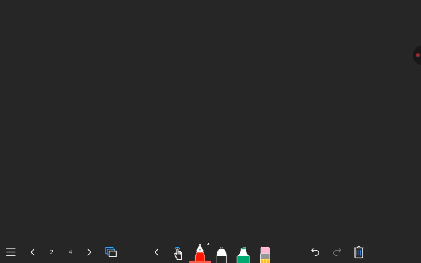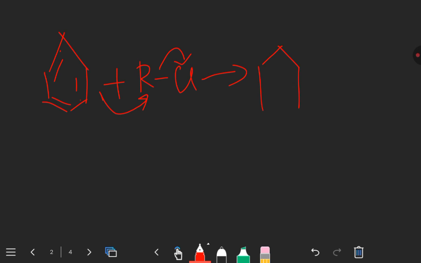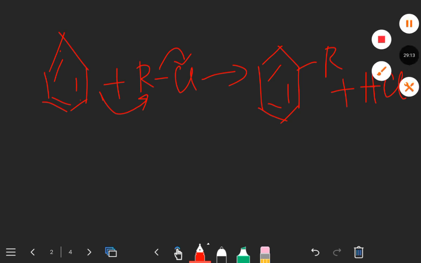Let's look at the reaction in form of structures. So we have this benzene ring reacting with an alkyl group. I'll just write it in this manner. So that is how the reaction occurs. Then you're able to form a benzene ring attached to this alkyl group, plus the hydrochloric acid as a byproduct.